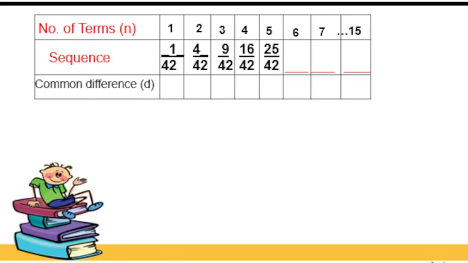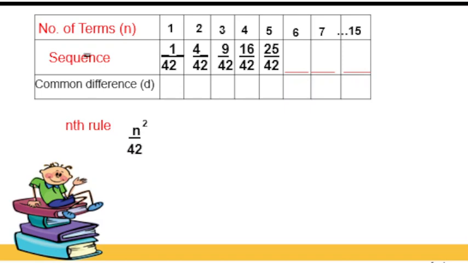So therefore, in this case, if you will notice, this is 1, 4, 9, 16, 25. We will just square the n. So that is n squared, and then write the denominator as 42.